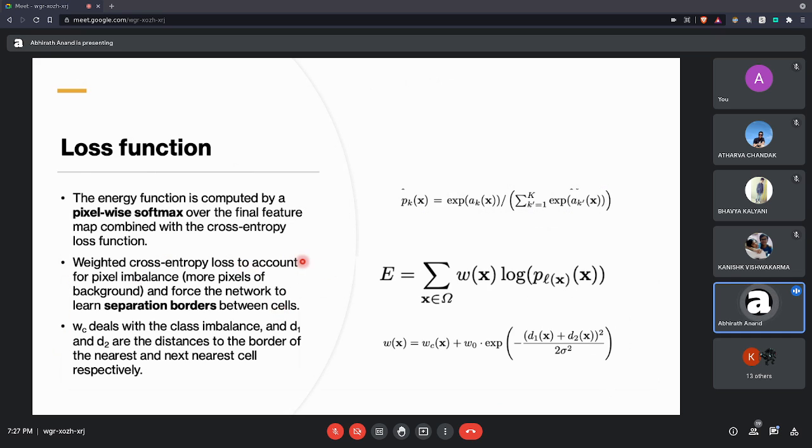The other thing that they did was they wanted to force the network to learn separation borders between the cells. This is not a very demonstrative image, but there are other medical imaging cases where the borders between cells are very close, and in order to segment or rather highlight both cells and be able to see the borders of both cells distinctly, they force the network with additional parameters in this weight.